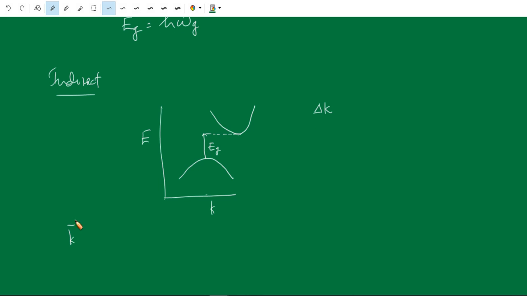K is given by K equals Kc plus capital K, where capital K is the photon wave vector and Kc is the wave vector corresponding to the electron phonon separation.